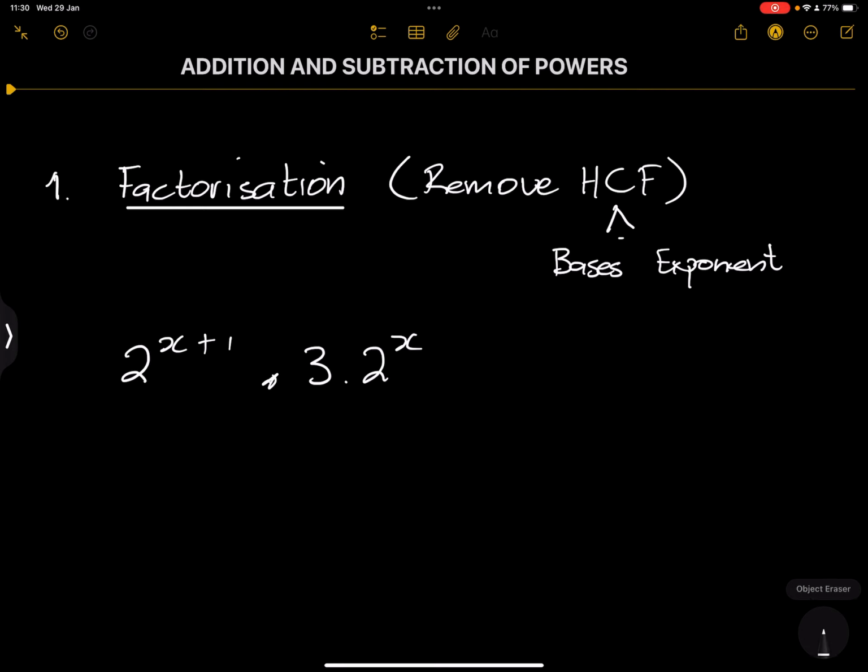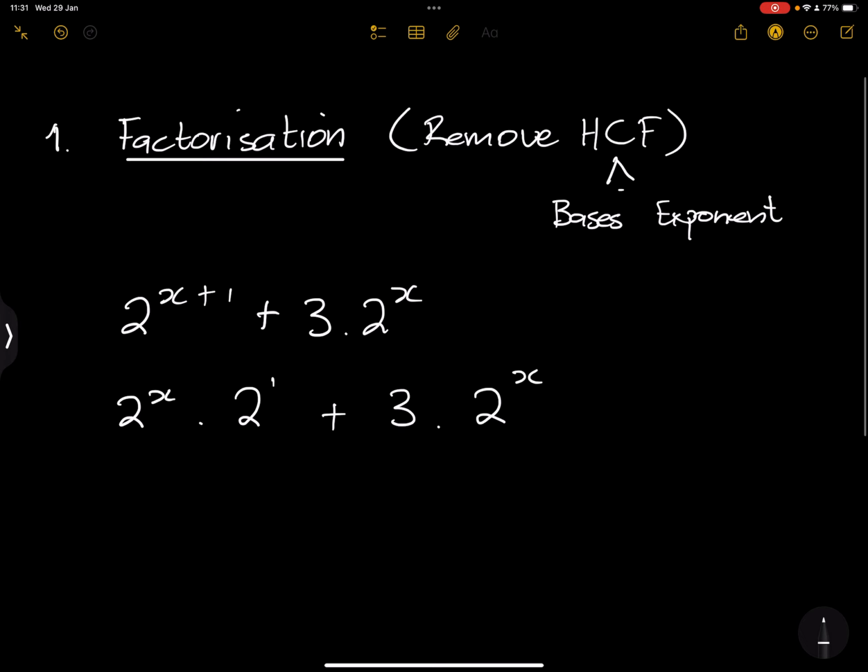Let me put a plus sign in between, for me to be able to factorize. Firstly, what do we have? On the first one, I can actually rewrite this as 2^x multiplied by 2^1, plus 3 multiplied by 2 to the power of x.